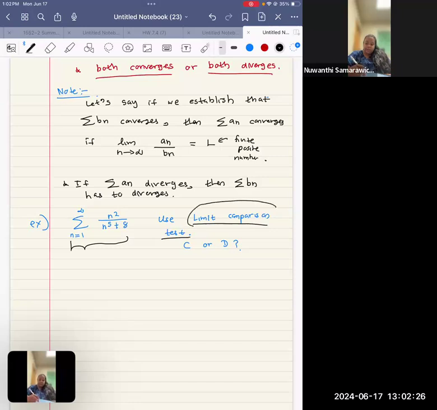Just forget about this new word, limit comparison test, and just figure it out by direct comparison test. In the previous one, what is the series that we can take to compare? n squared over n to the power 5.